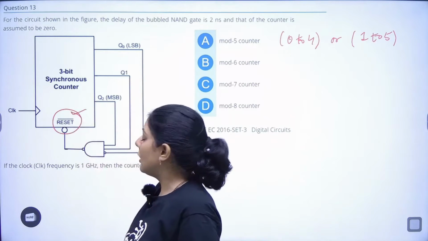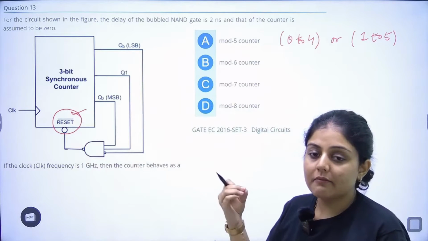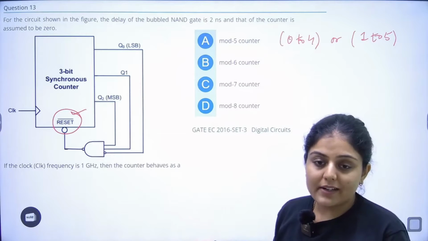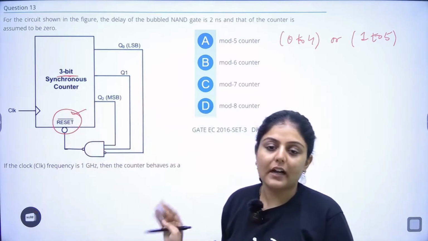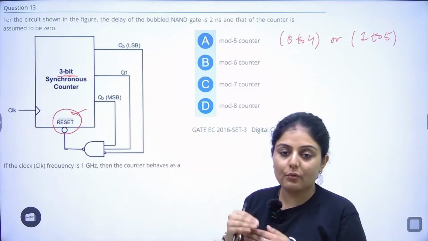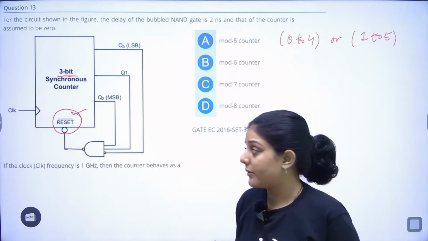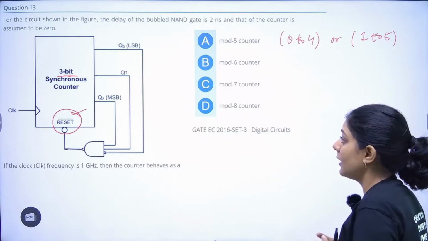This is used to reset the counter to its initial value. If we don't reset it, it will count up to whatever the bit width allows. We have to reset it at some value if we want to terminate the counting at any particular value, be it 5, 6, 7 or whatever. Okay, so this is the concept of mod.